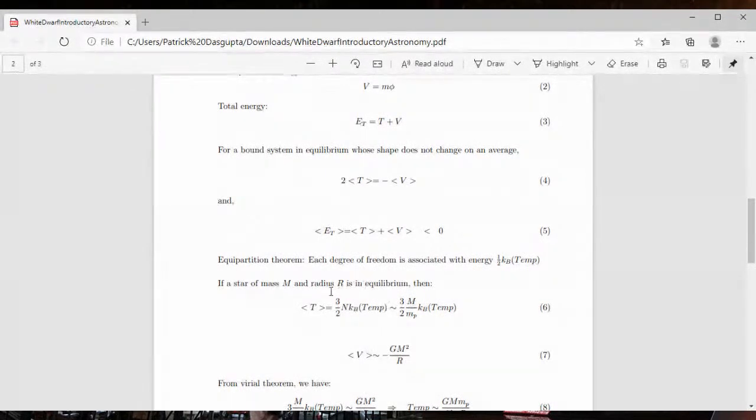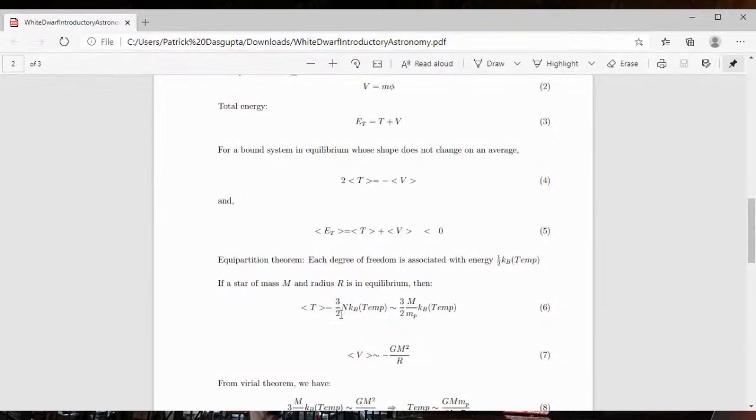So the time averaged random kinetic energy, which is the same as thermal energy, of a system of gas having a total number of electrons plus protons N, is given by this number by virtue of the equipartition theorem.